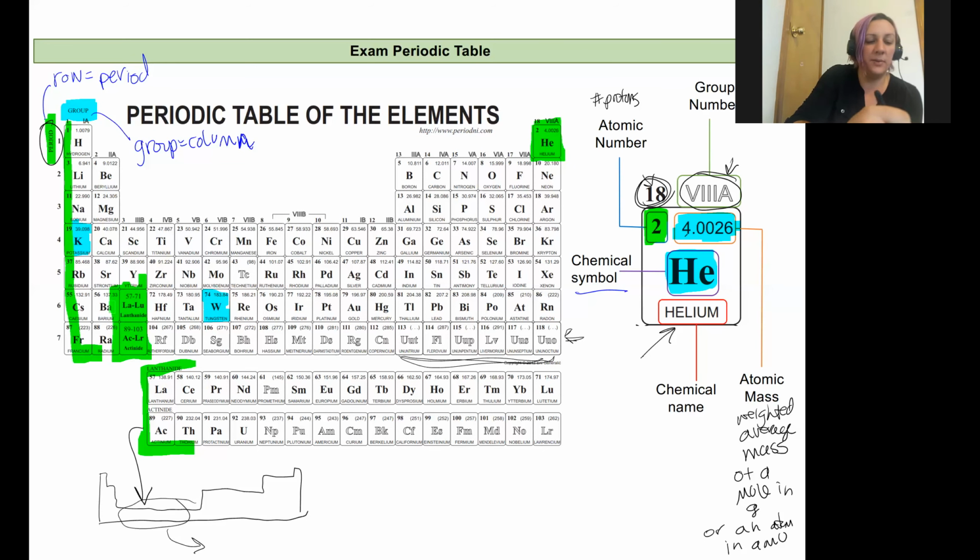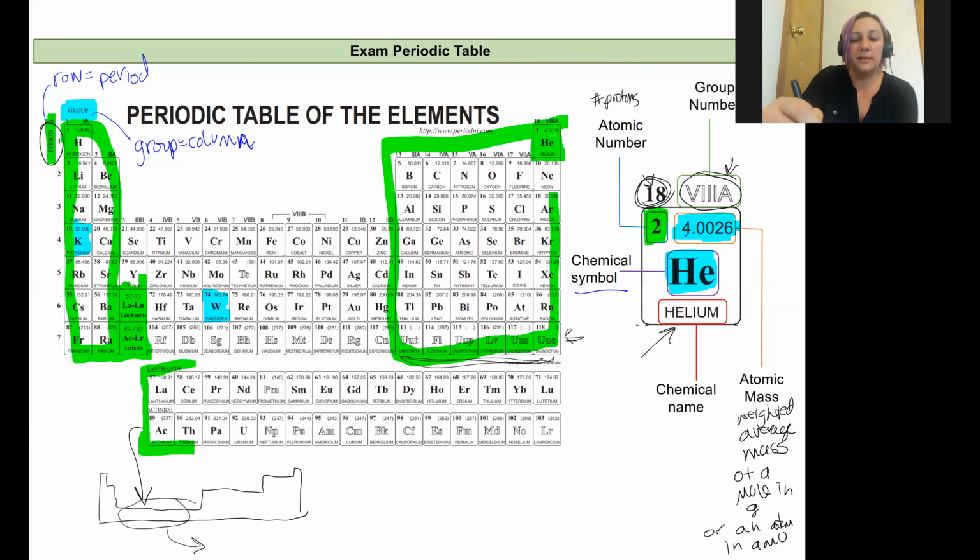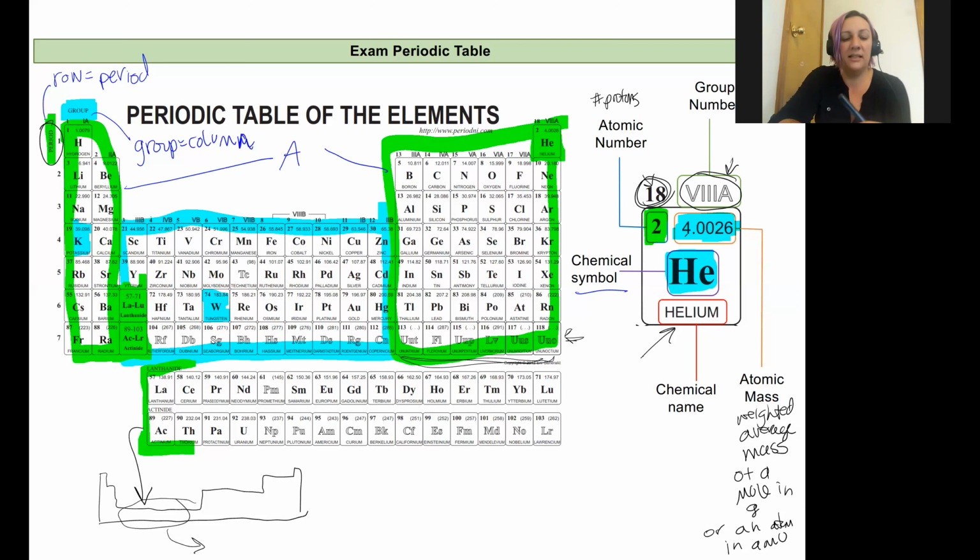The main group elements, which are our first two groups and our last six, and then our transition metals, lanthanides, and actinides. Those first two and last six are our A elements, and then these other ones are B. And I like this designation because it'll correspond with the number of valence electrons a little bit better.